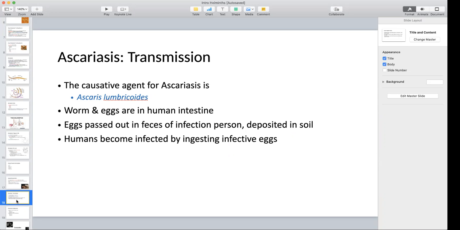Some way or another, it makes its way into the soil. Humans become infected by ingesting infected eggs. So somehow or another, we're ingesting it in contaminated foods or water.